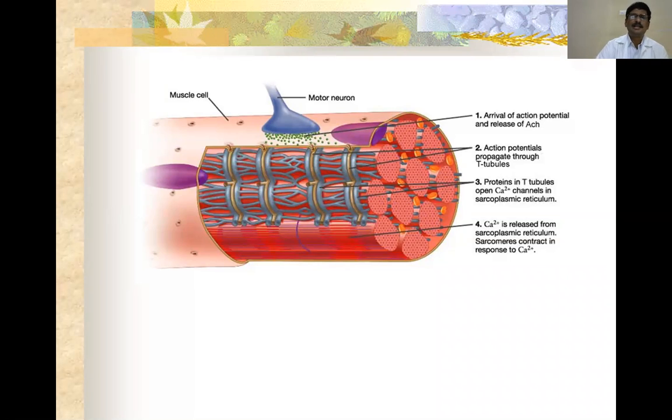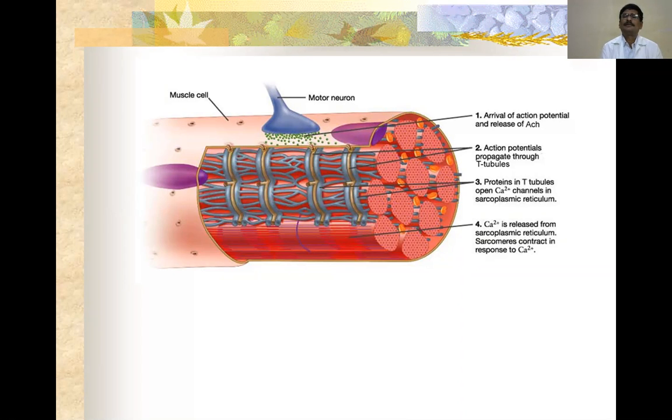Now calcium is released. The calcium content within the sarcoplasm, within the muscle, increases 100-fold. At rest, the calcium levels are very low, which doesn't allow interaction of calcium with the muscle protein troponin.